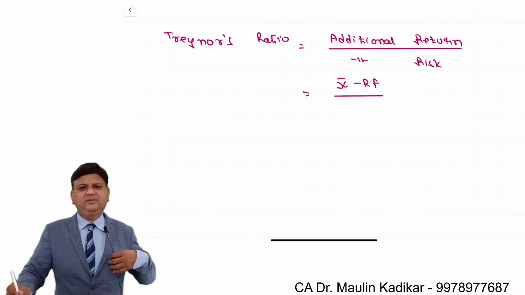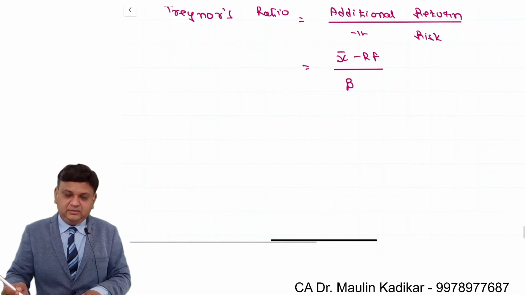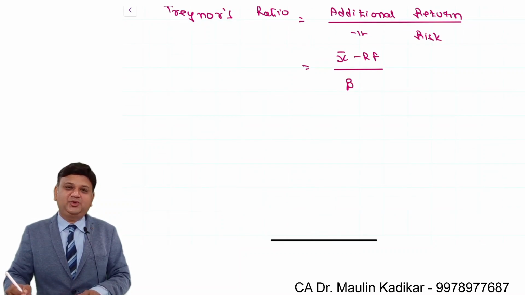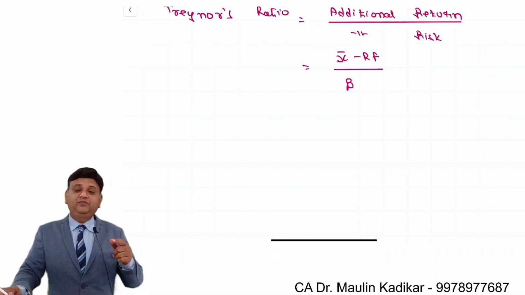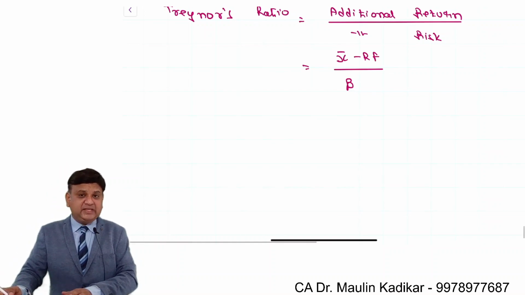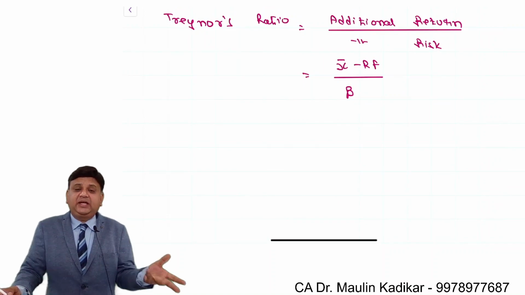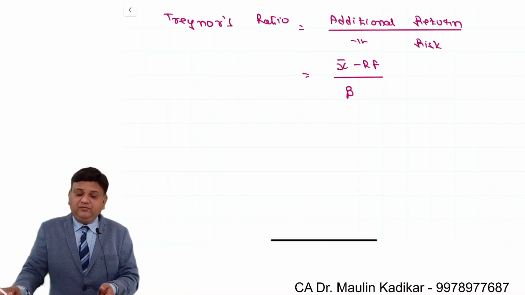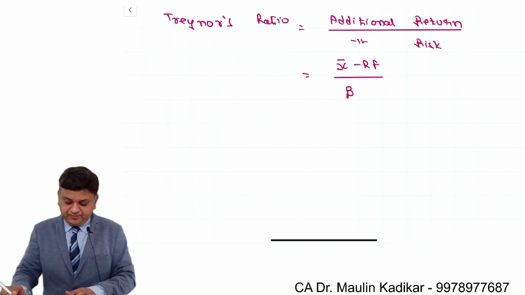And we know that the beta of the risk-free security is 0. So it is divided by beta. This is the way Treynor's ratio is calculated. Once again, we would like to have the maximum return for every 1 unit of additional risk that you undertake in the investment. So we would like to select a security which has the highest Treynor's ratio.